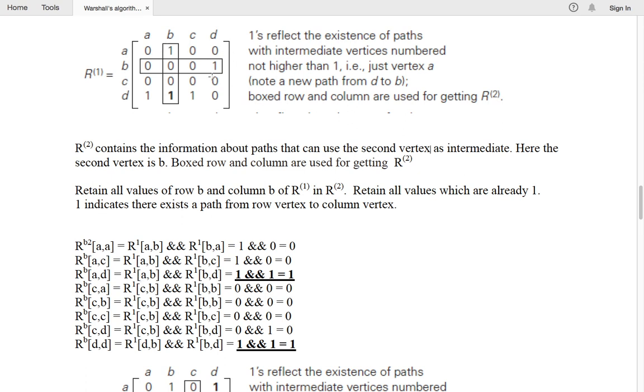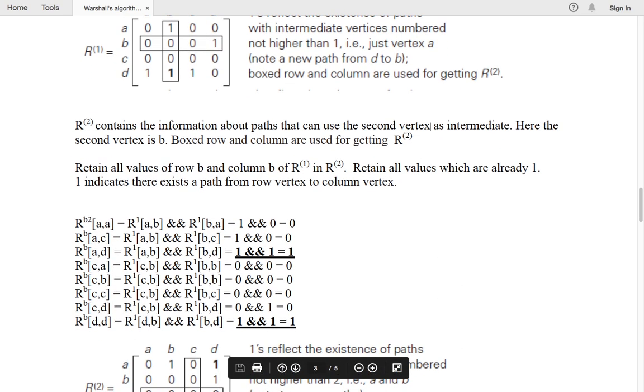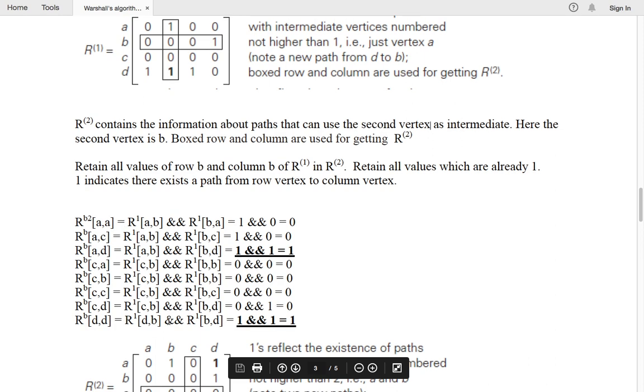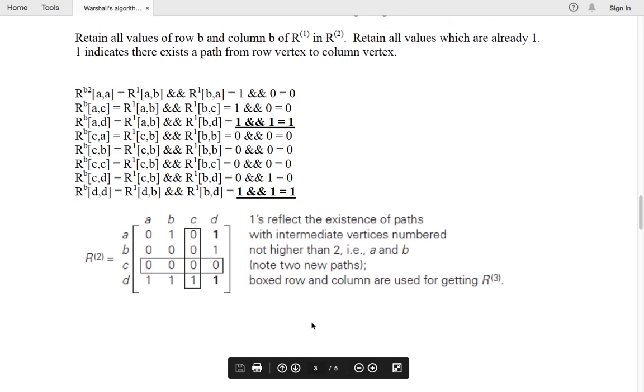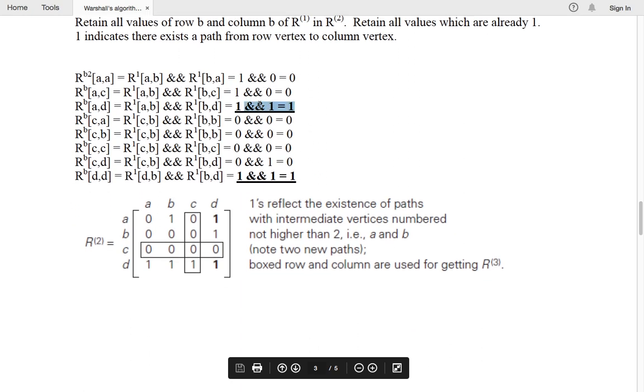So AB is 1, BD is 1. So 1 and 1 is 1. So repeat the process for remaining values with 0, right? Then finally I'll get R of DD, DB and BD. So DB is 1, BD is 1. So 1 and 1 is 1. So my updated R2 is this. So these two have changed, this and then this. So that is reflected here. That is AD and DD.